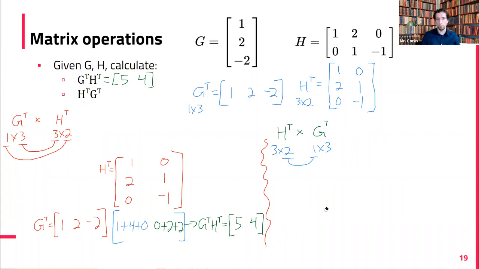So we can skip all this, trying to do the calculating and then finding the thing that doesn't have the match. We just look at the inside numbers and say undefined.